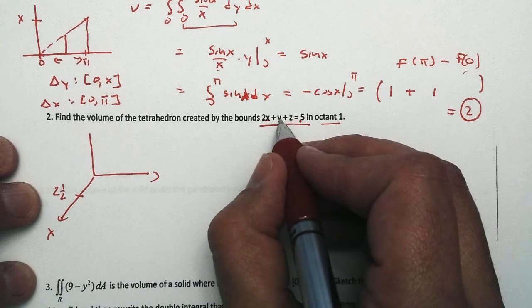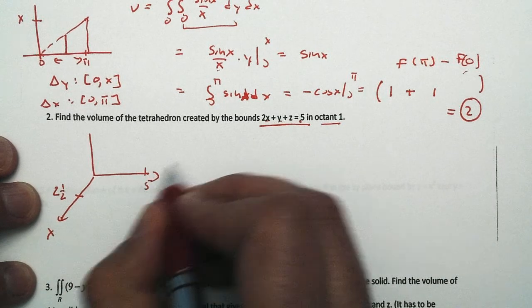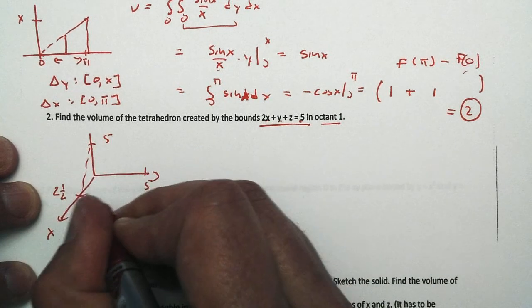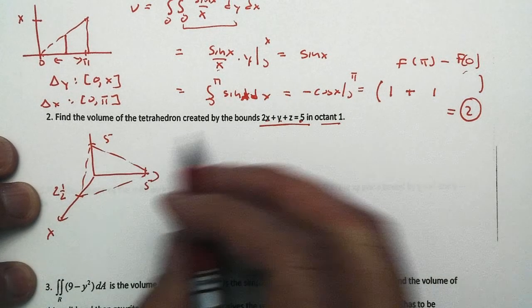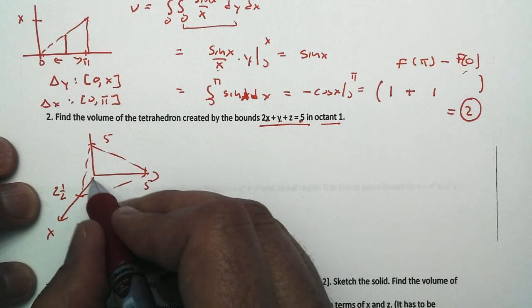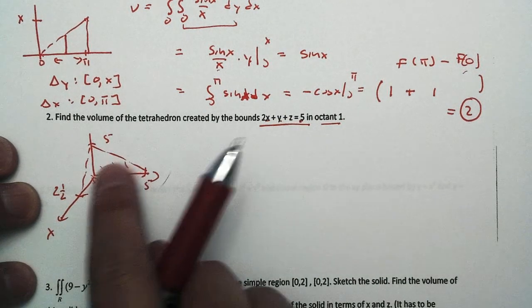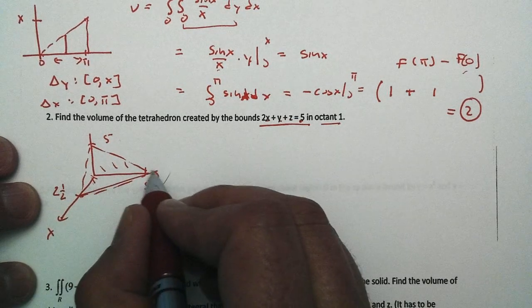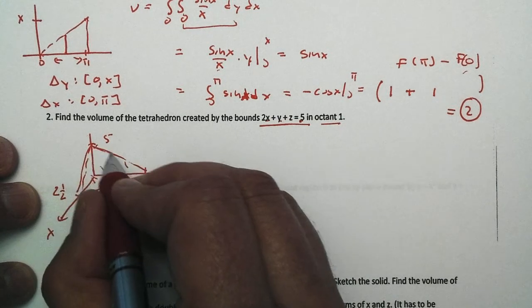My y-intercept would be at 5. And my z-intercept would also be at 5. So we have this tetrahedron right down here. And what we're looking to find out is the volume of this inside here.